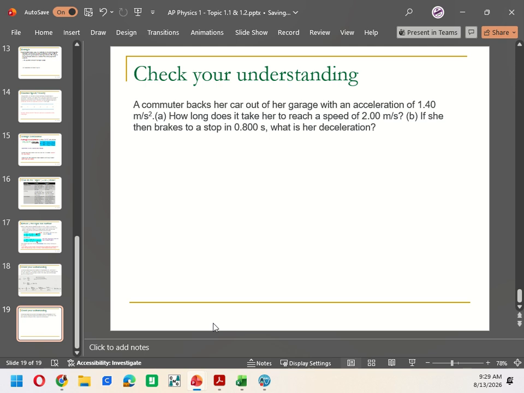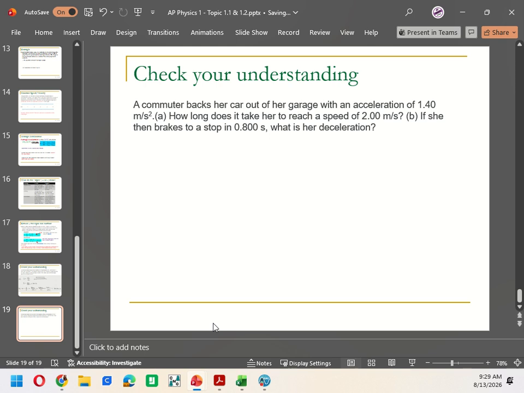So I have one formula that has all three of these in it: a equals v over t.